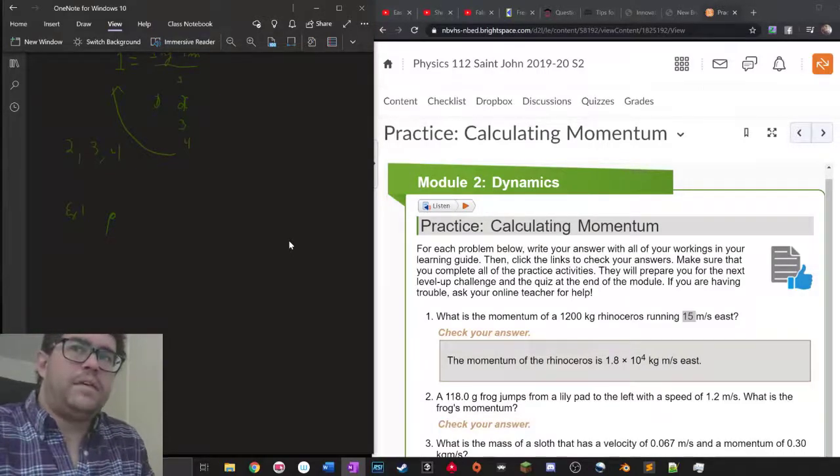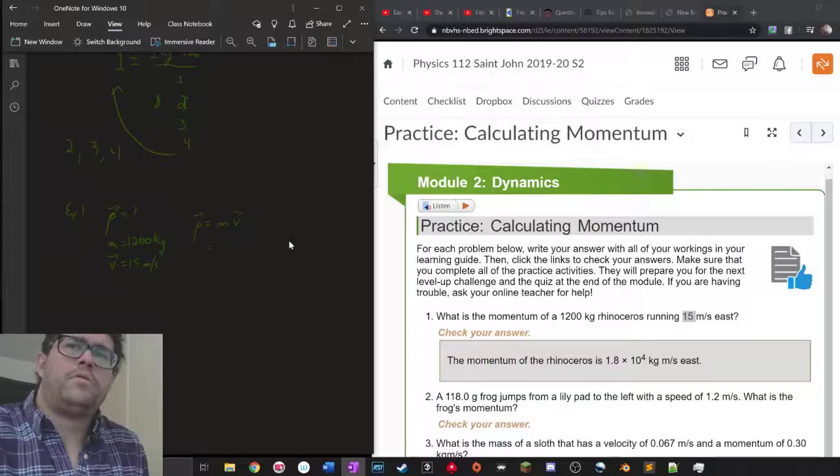Momentum is p. p is unknown. m is the mass, 1,200 kilograms. Running, so the velocity of the rhinoceros is 15 meters per second. So we will find the vector. Mass times velocity.